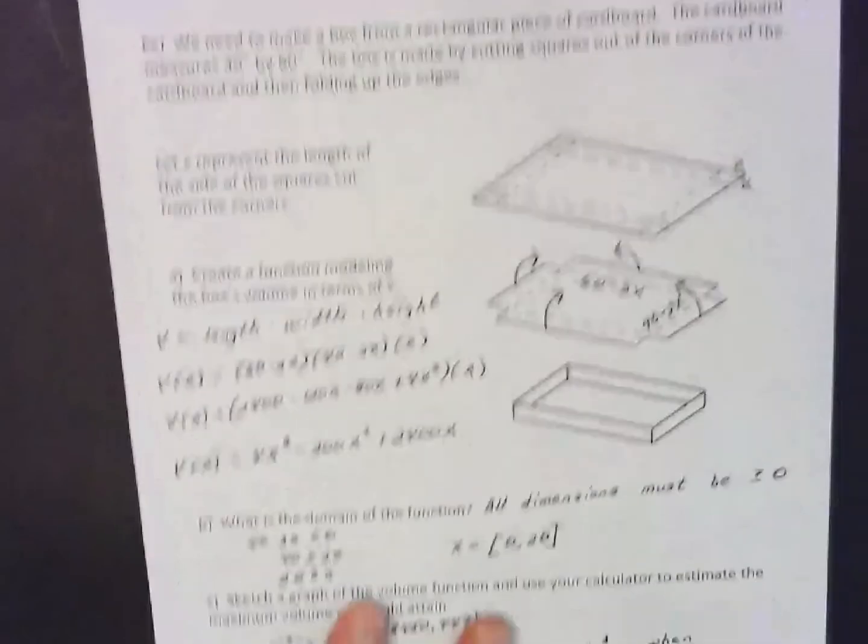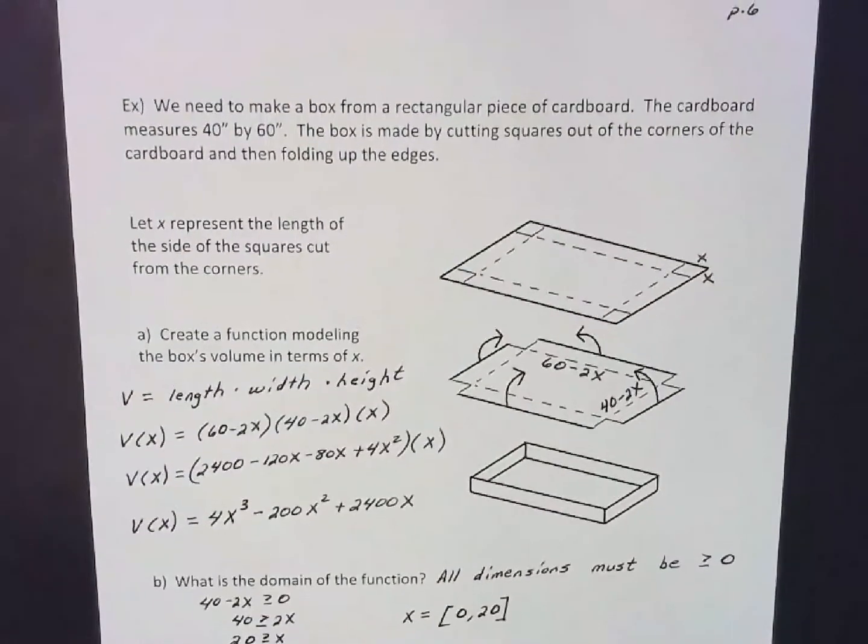Now, the last page of this section here, if I look at an application problem with you, I'm wanting us to look at a box that's made from a rectangular piece of cardboard. The cardboard measures 40 by 60.